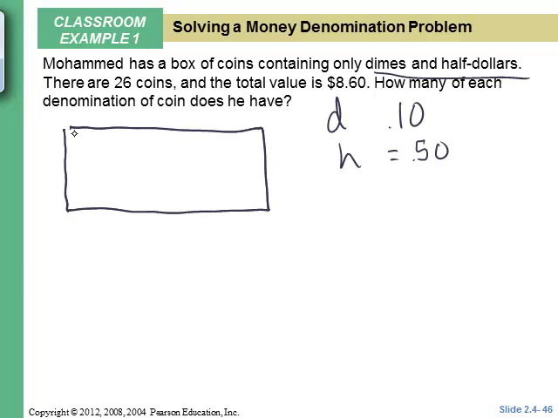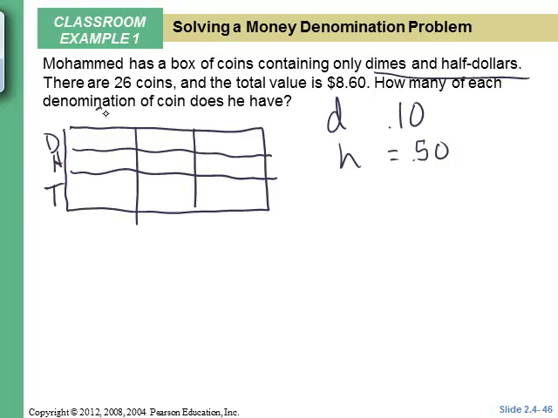All right. So we've got dimes, halves, and total. Amount, let's call them the value. Dimes are 0.10, 0.50. Okay. It says there's 26 total coins, and the total value is $8.60. Let's call the how many of each denomination. Let's say that D is the number of dimes.